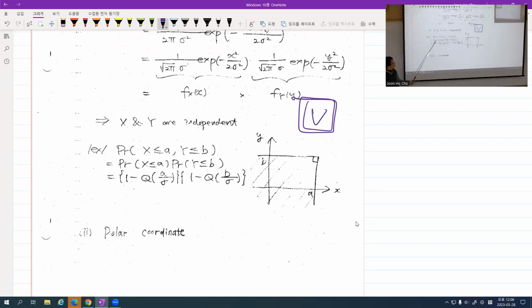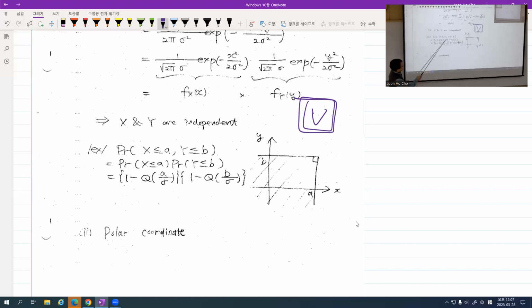And what? The first factor can be written as a Q function because this is a left tail probability, which is 1 minus the right tail, which means 1 minus Q of something. Here we assume the 0 mean, so since this is minus the mean, that is 0, divided by sigma, we have a over sigma.